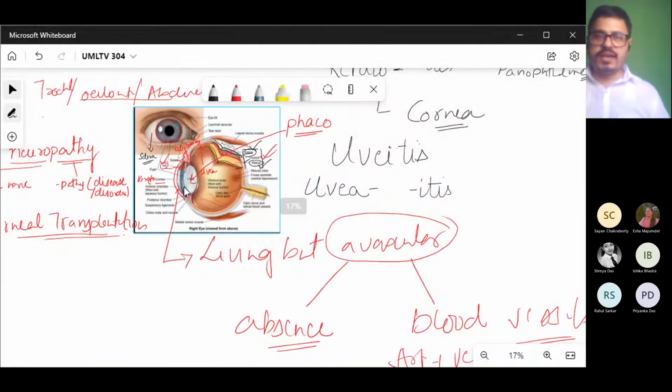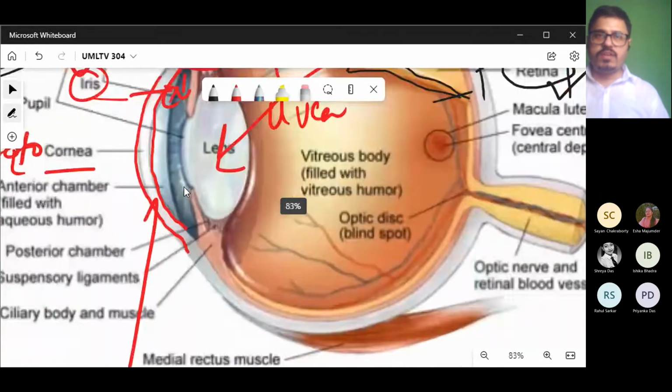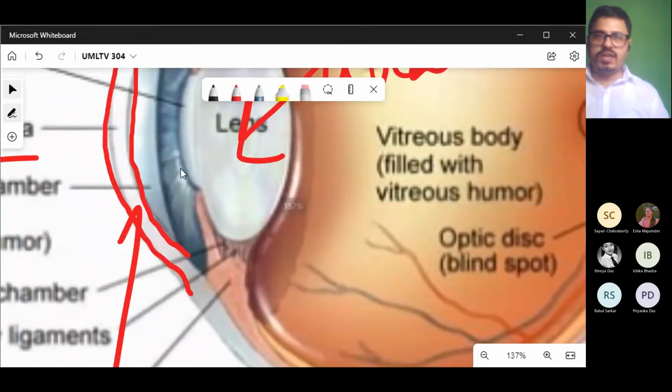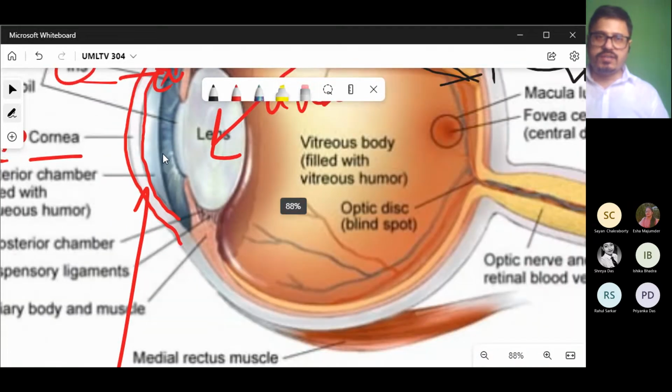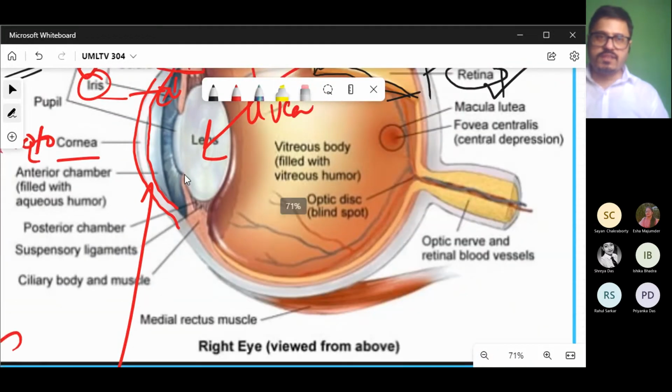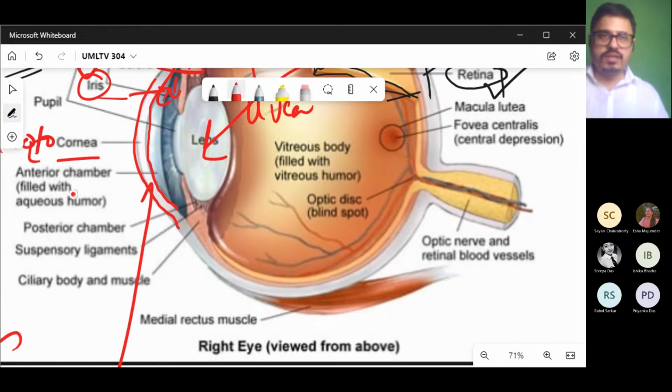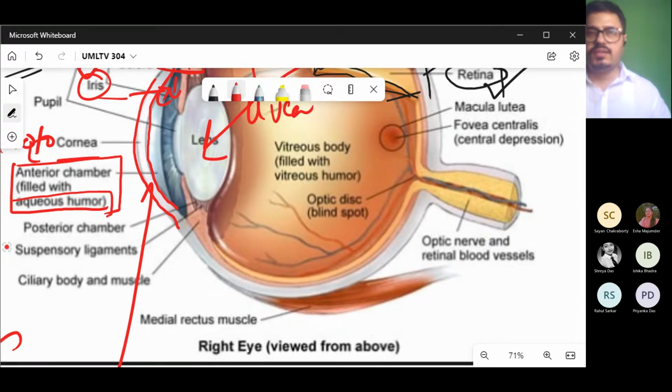So how does the cornea get its nourishment? Have a look, just behind the cornea there is a chamber, a vacant space, and that chamber is known as the anterior chamber. That anterior chamber is filled with a liquid, and that liquid is known as the aqueous humor.